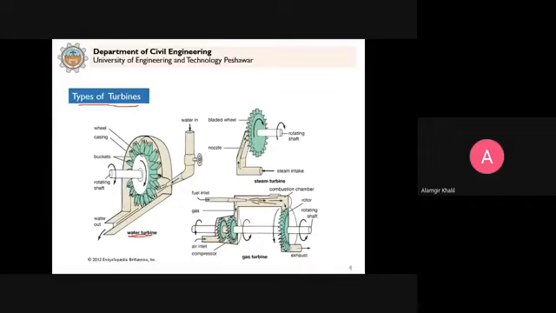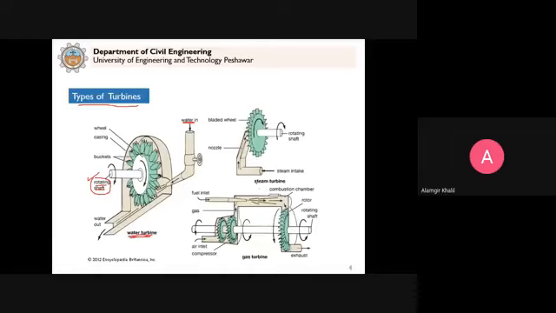The jet of water acts on this wheel and rotates it, and the wheel takes the energy in the form of this rotating shaft. So it converted this hydraulic energy into mechanical energy in the form of this rotating shaft. Clear? Because it is driven by water, we call it a water turbine or hydraulic turbine. Clear?